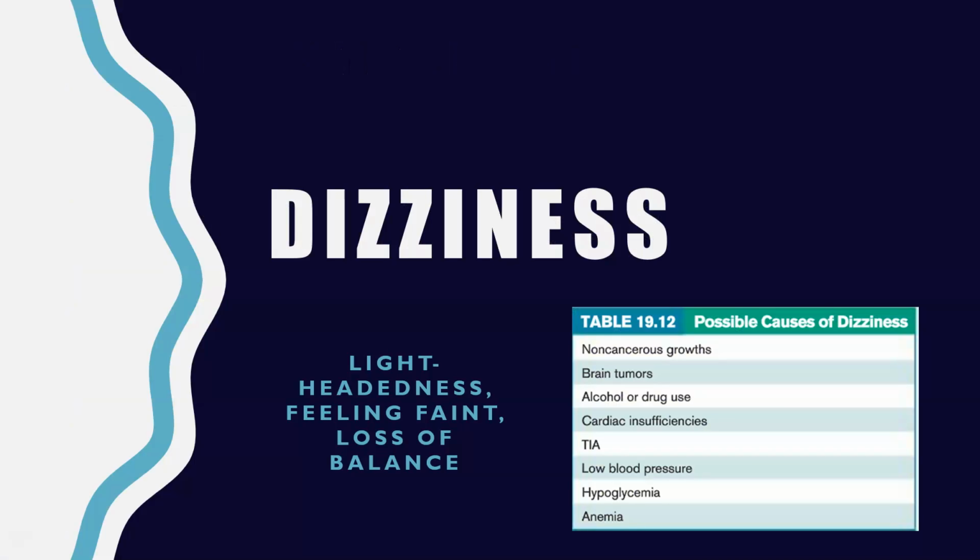Next, we're going to look at dizziness, right? And dizziness, I think we're all fairly familiar with. This is simply lightheadedness, feeling faint, or any loss of balance associated with this. There are all sorts of different causes associated with dizziness. So when we're talking about treatment of dizziness, we first need to look for whatever the possible cause is and deal with that over a long period of time.